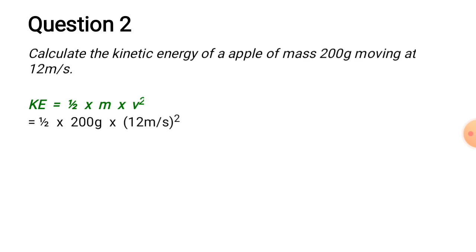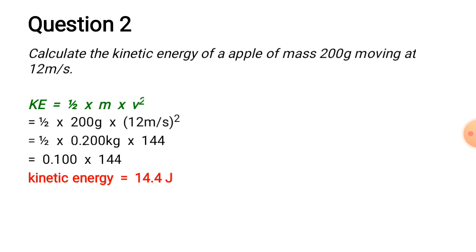Here you have to convert this 200 grams into 0.200 kg. The speed is the same, you don't have to convert anything. Substitute here, then you get the final answer. The final answer is kinetic energy equals 14.4 joules.